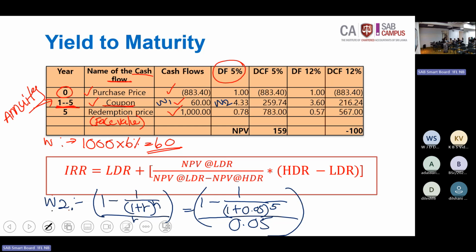To calculate the IRR, what do we need? We need two discount rates. The first discount rate is 5 and the other one is 12.